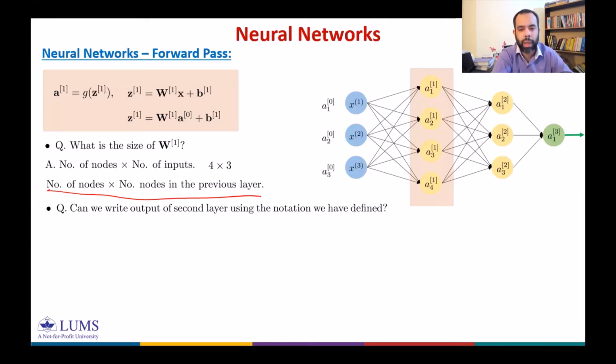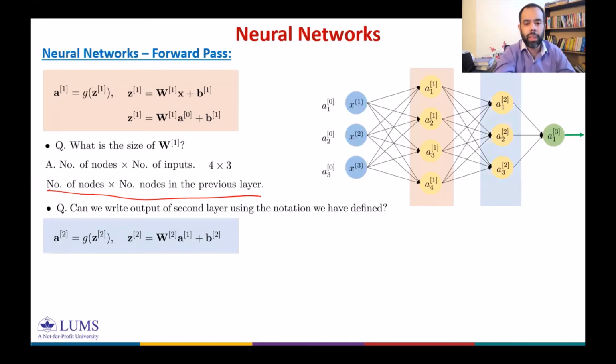And what about the output of the second layer? A2. How do we relate them? Simply using a matrix W2 and B2. And that's it for this layer. So we have this, and these two equations relating output to input.